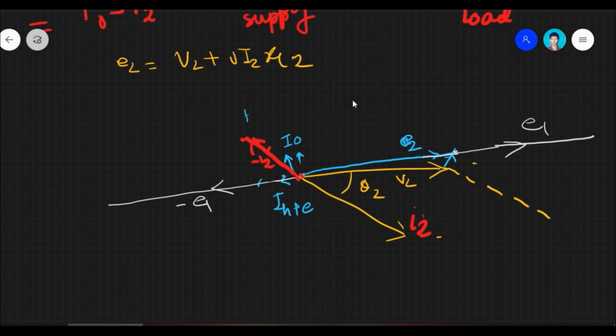So this is our I0, and when we join them, they will give us our I1, and based on that I1 we have to draw jI1X1. jI1X1 should lead I1, that means it should be 90 degrees counterclockwise.